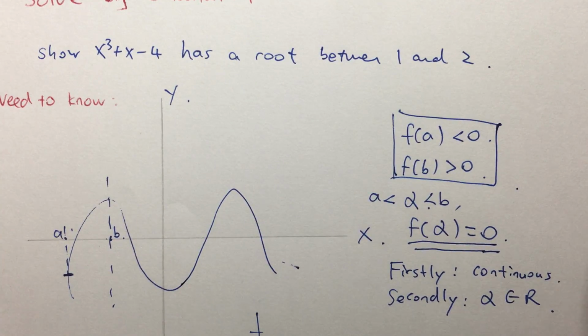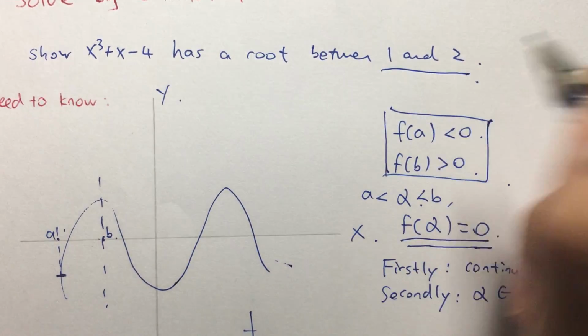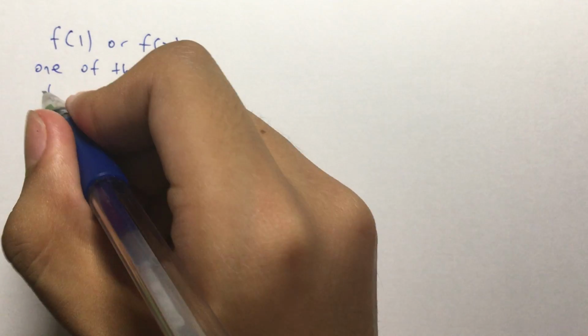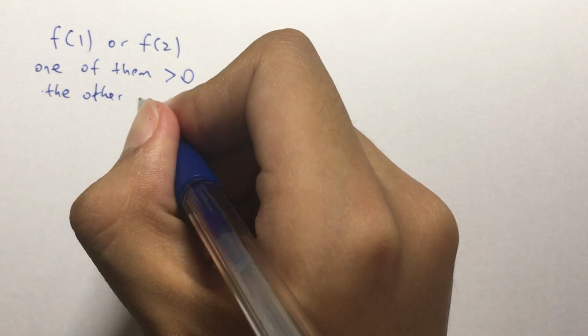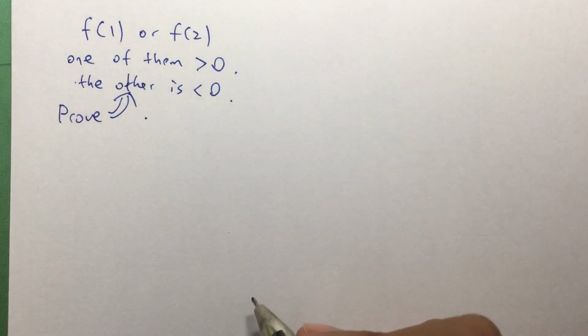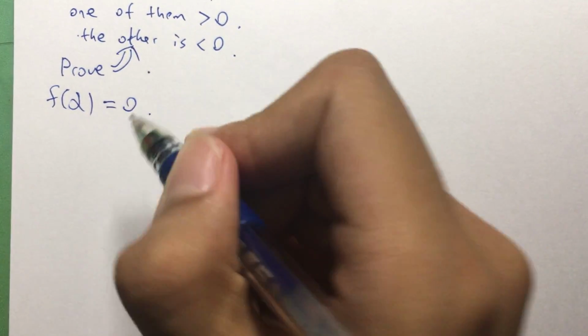Now, the question is asking us to show there is a root between 1 and 2. If we can show that one of f(1) or f(2) is greater than 0 and the other is smaller than 0, then we can say that there is a root alpha such that f(alpha) is equal to 0, right?